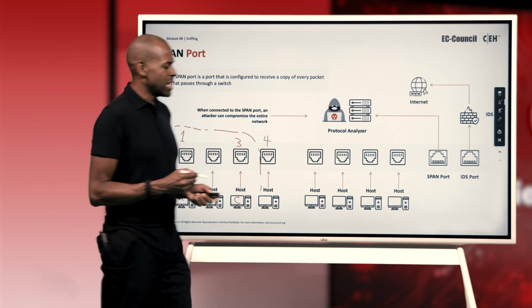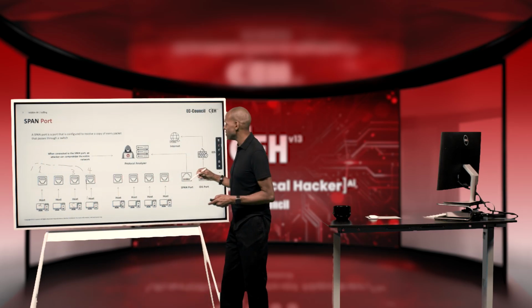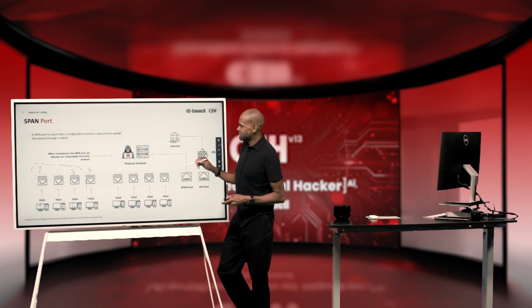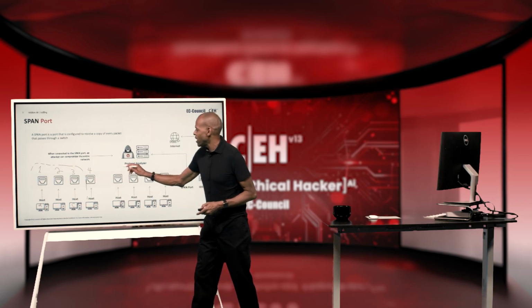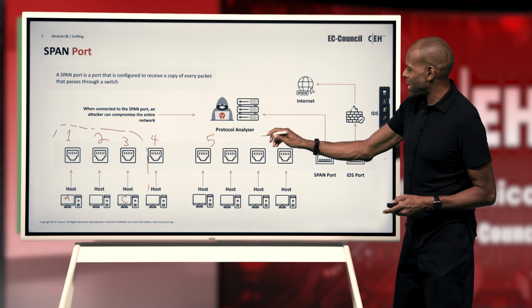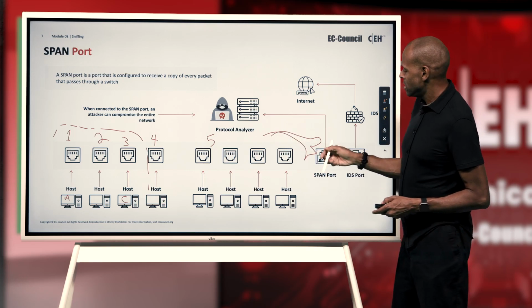So what I can do as somebody who has some control over that switch is I can create what's called a span port. And I can tell it, hey, give me ports 1, 2, 3, 4. I can do port 5, 6. I can get them all.